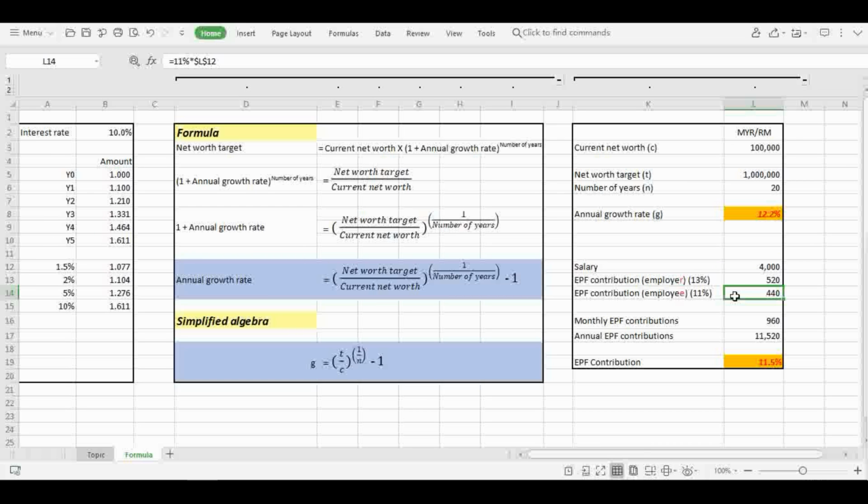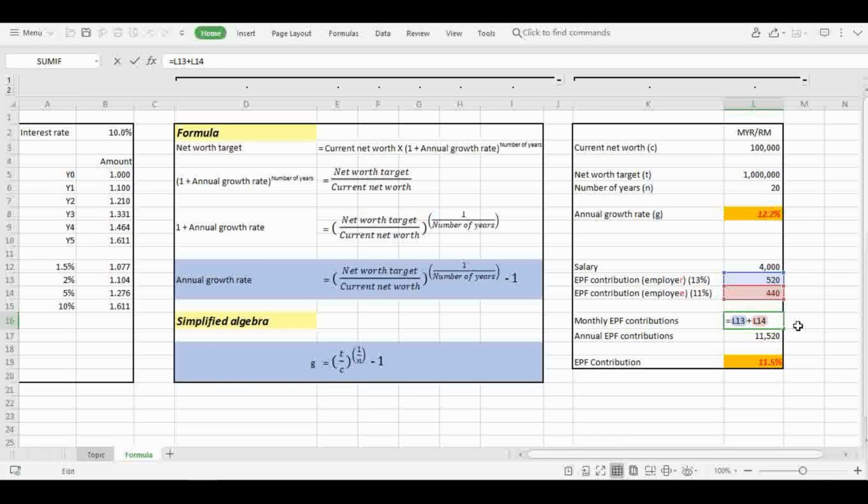If you have not known this, then your salary is actually deducted every month. So this is 11% on your gross salary. Okay, and every month this amount will be added into your EPF account balance on a monthly basis.